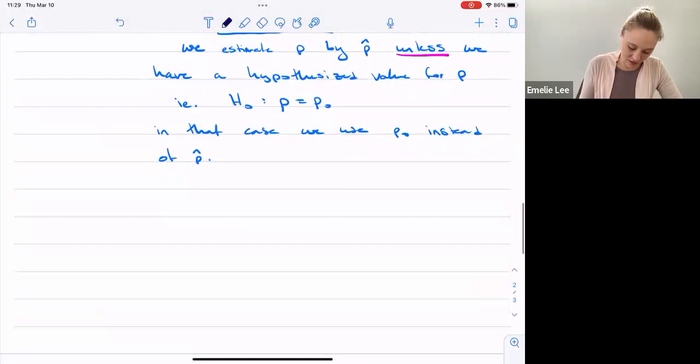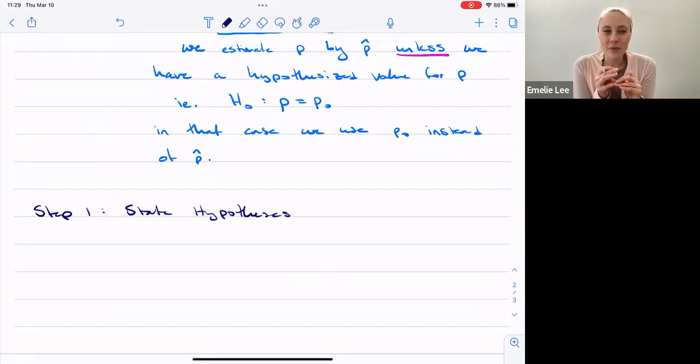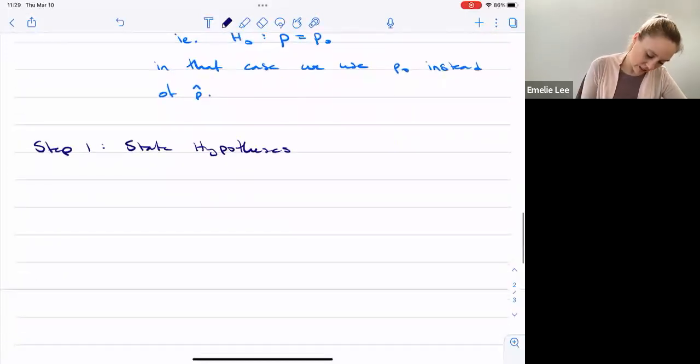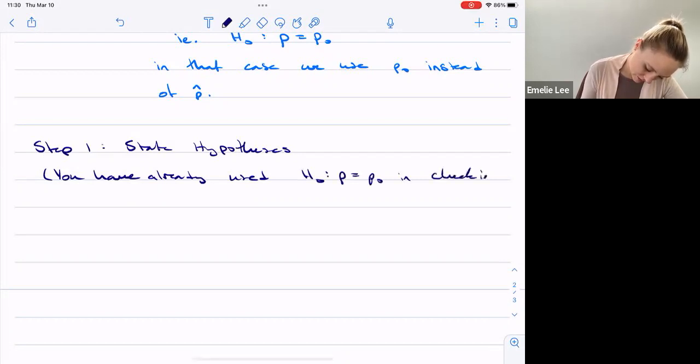Once you've checked the conditions, then you can go ahead to step 1, which is to state the hypotheses. It's a little bit tricky, right? Because you've already relied on the null hypothesis from your conditions, right? And so you have already used H naught is that P is equal to P naught in checking the assumptions.